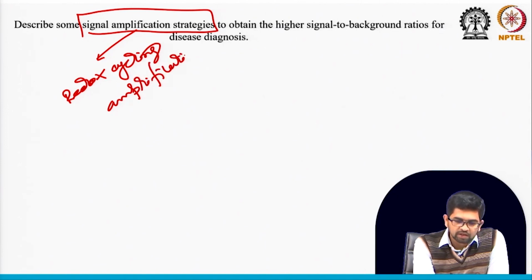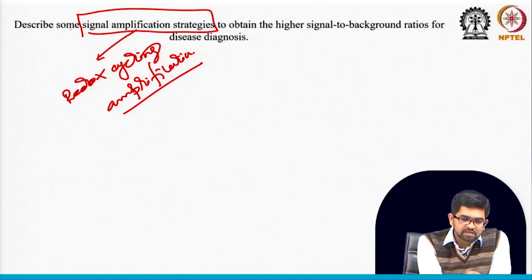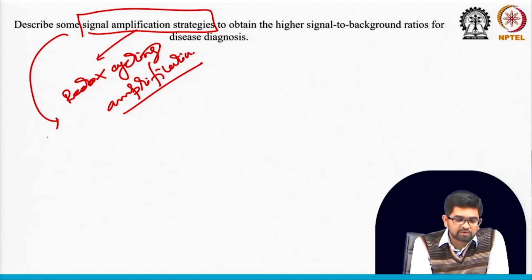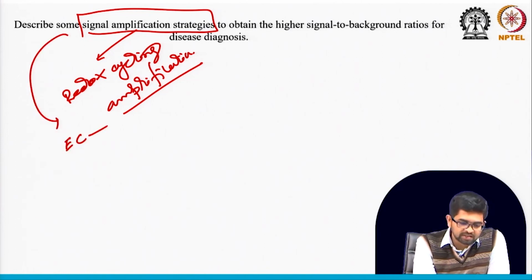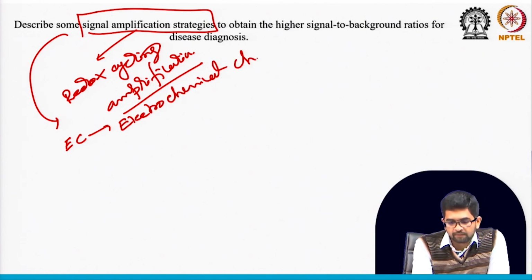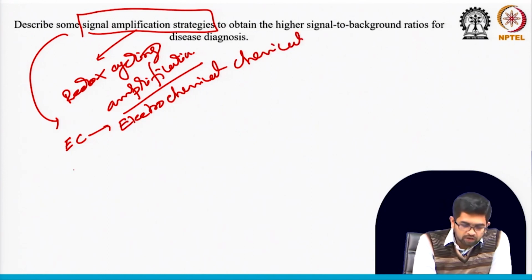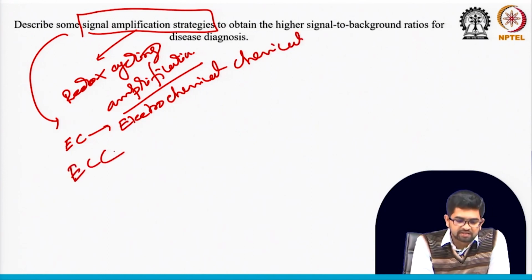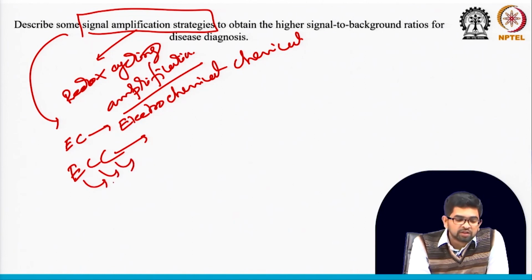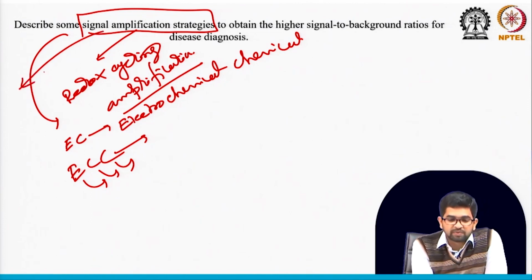So describing signal amplifications means you can start with EC, meaning electrochemical, right? Or maybe you can start with ECC. ECC means electrochemical-chemical redox cycle. So this kind of redox cycle may help you to amplify the signal. So you solve the first part.